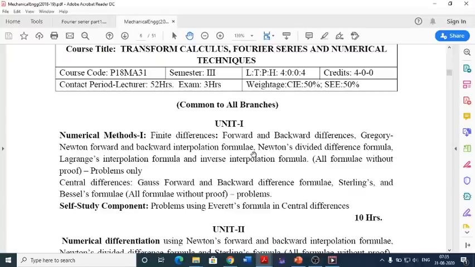But with numerical method, given any mathematical problem, you can always find a solution, but the solution is approximate, almost near to the exact answer. You may not get the exact solution, you will get an approximate solution. So it gives a solution for any mathematical problem.